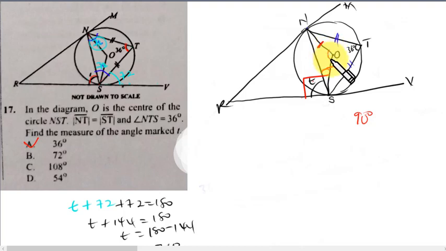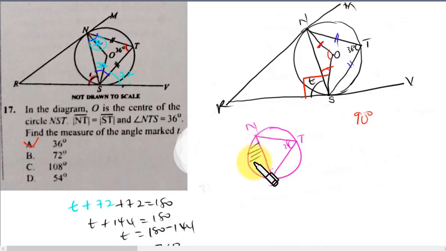Of course we do. One of the circle theorems says that when two angles are subtended by the same chord, so we see this here, we see chord NS. This chord forms an angle on the circumference at T. It is 36. So the moment you draw this chord, it divides the circle into two segments.